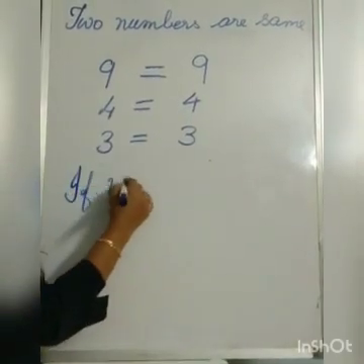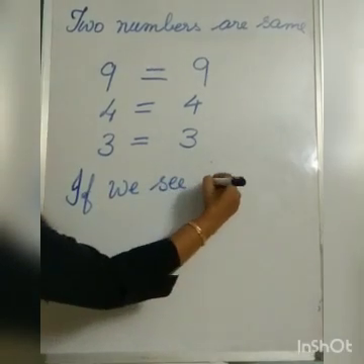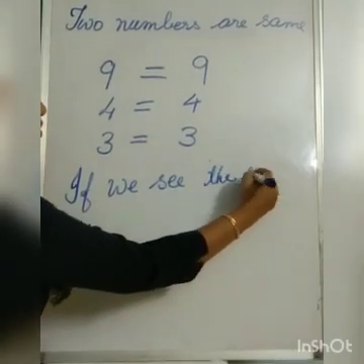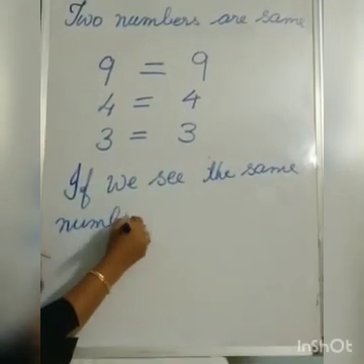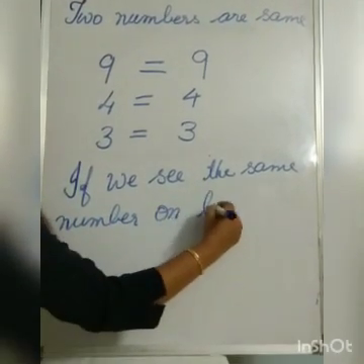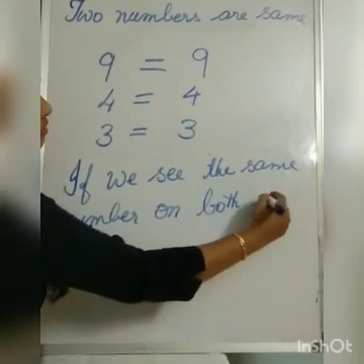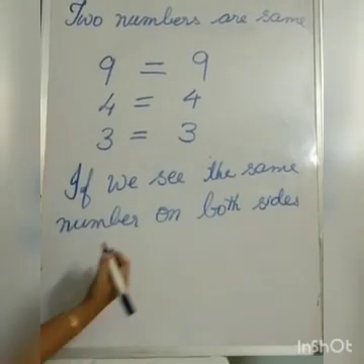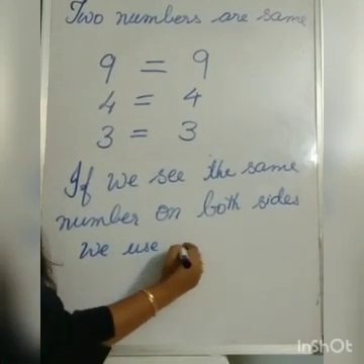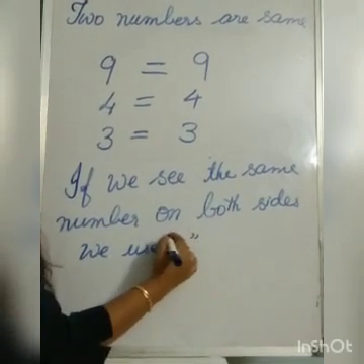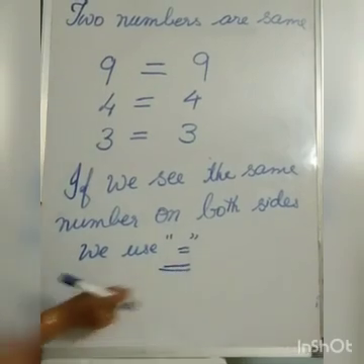If we see the same number on both sides, which symbol do we use? We use equal to.